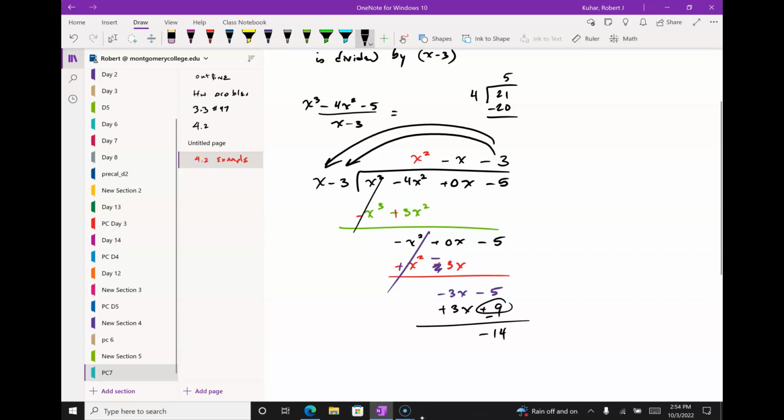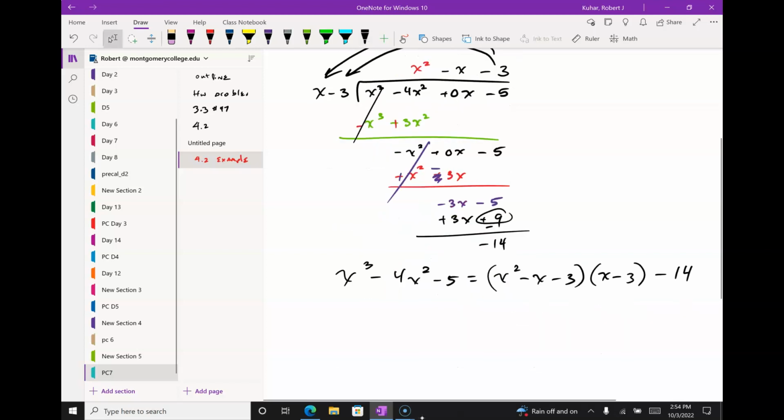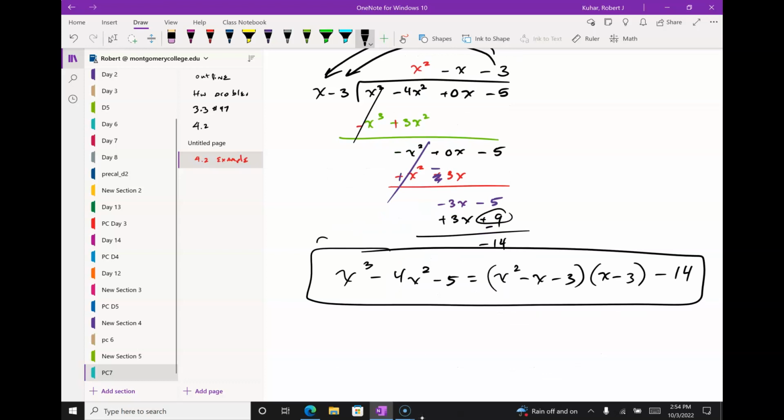We're going to say my original numerator is equal to my quotient times the divisor plus the remainder. This is my check. Right? It's f of x equals q of x times g of x plus r of x.